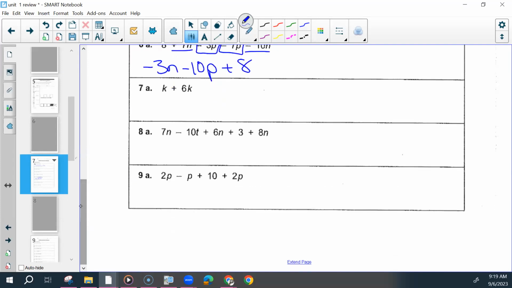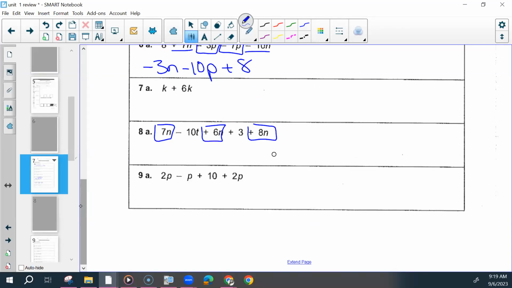Right, same thing. What are our like terms here? I heard 8n, 7n, 6n. The t and the 3 don't have a like term.